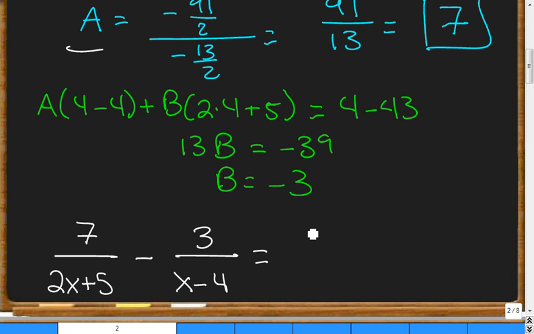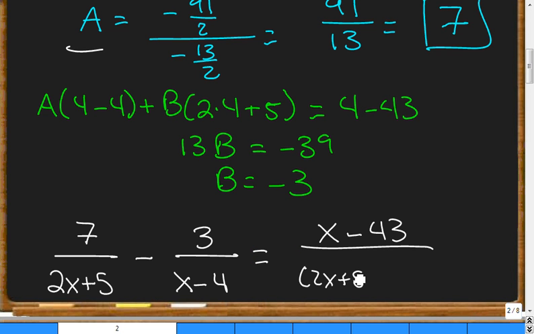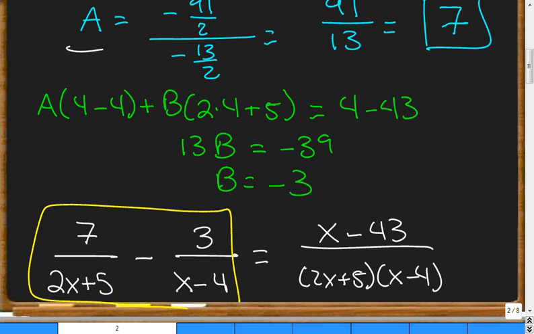That is the same thing as what we had to begin with, which was (x - 43) over (2x + 5) times (x - 4). So this is our expression listed as partial fractions. So we're using the idea of kind of the crossover method to deconstruct a composite fraction, one that's been already added together, and break it apart again.